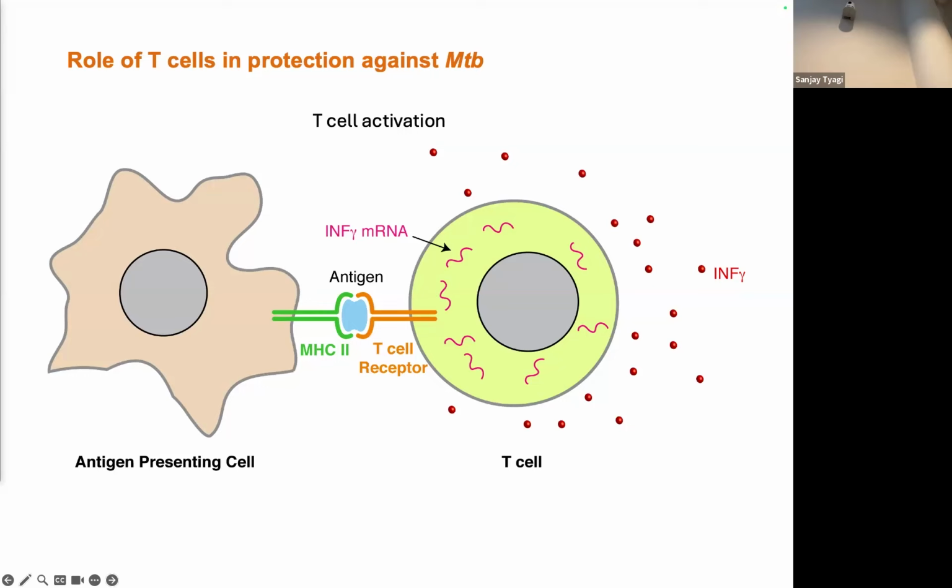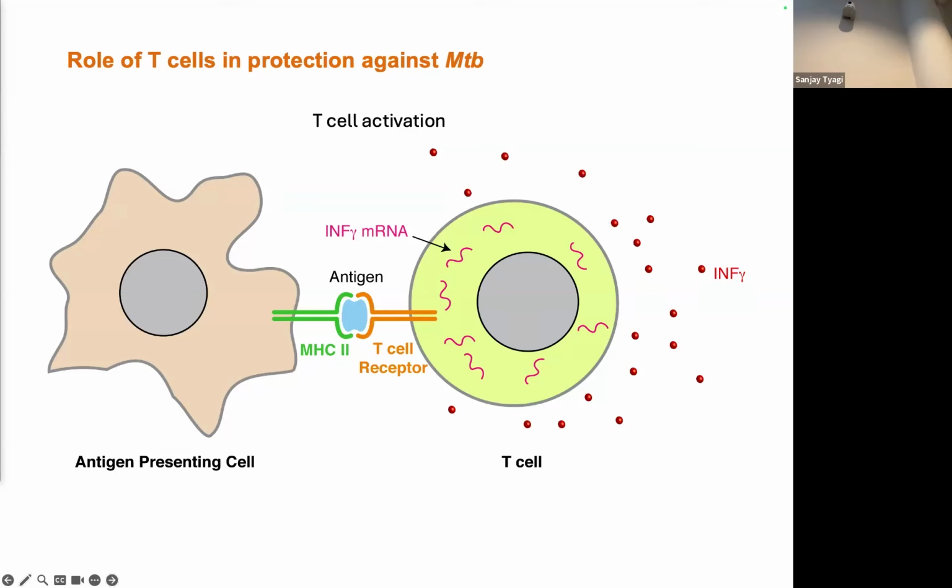But this presentation is made to a T cell that has a T cell receptor that comes in huge diversity, and just the right kind of clone would be able to recognize this. And once that recognition happens, additional interactions between this pair of cells allow activation of the T cell, and the T cell would begin to make cytokines.